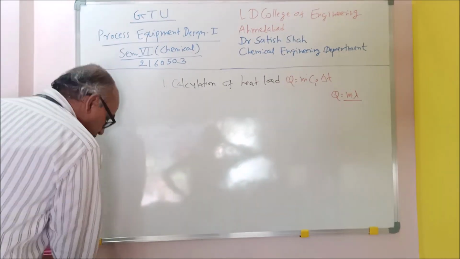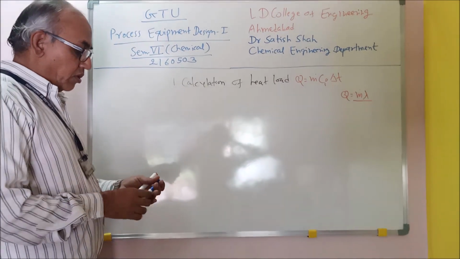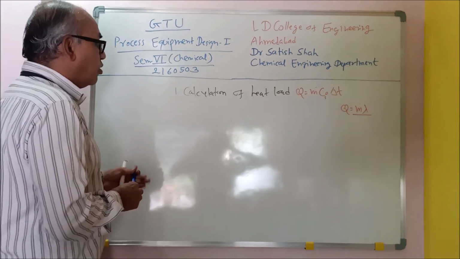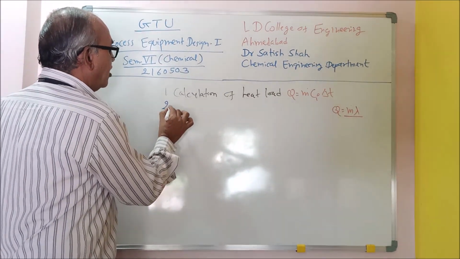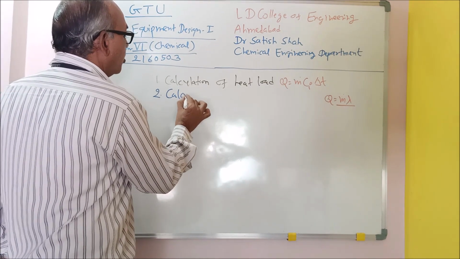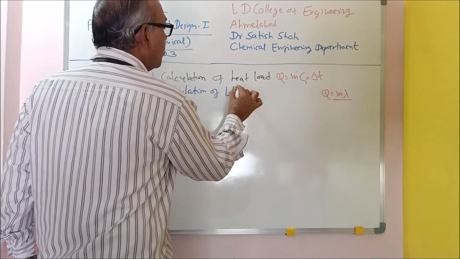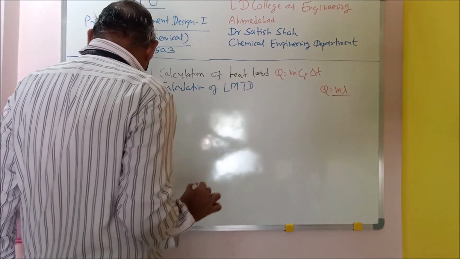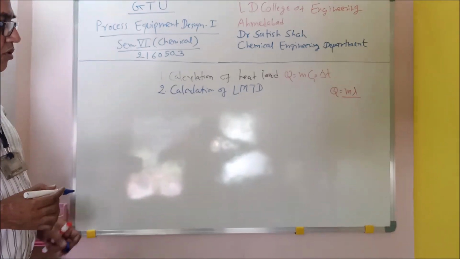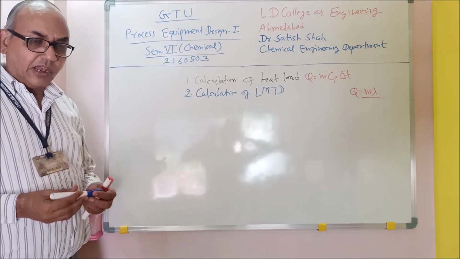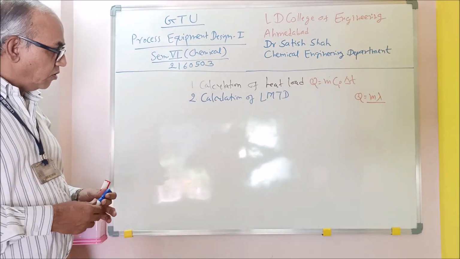Let us go to step number 2. What is my step number 2? Step number 2 is the calculation of LMTD. Now, what is LMTD? LMTD is log mean temperature difference.